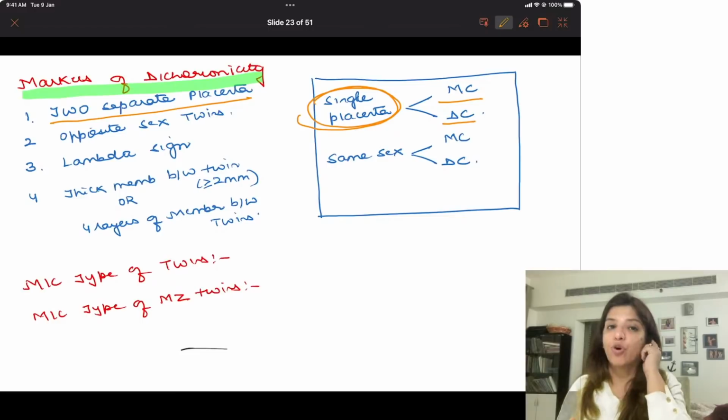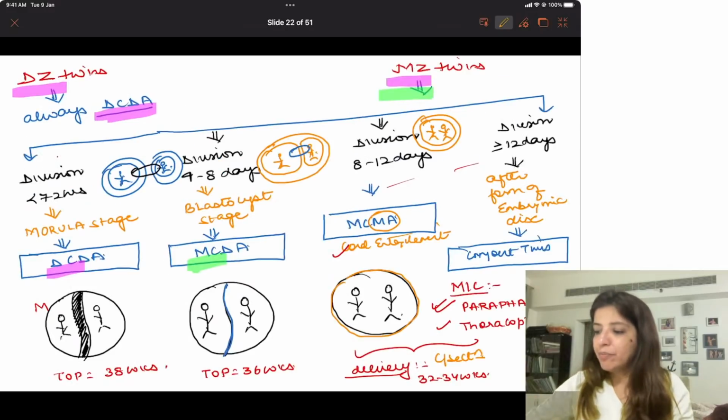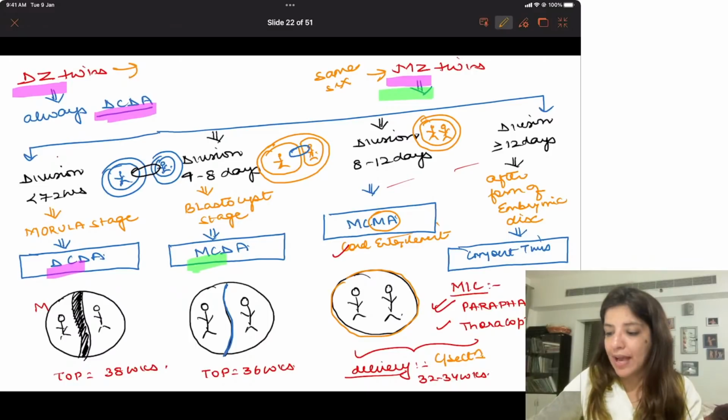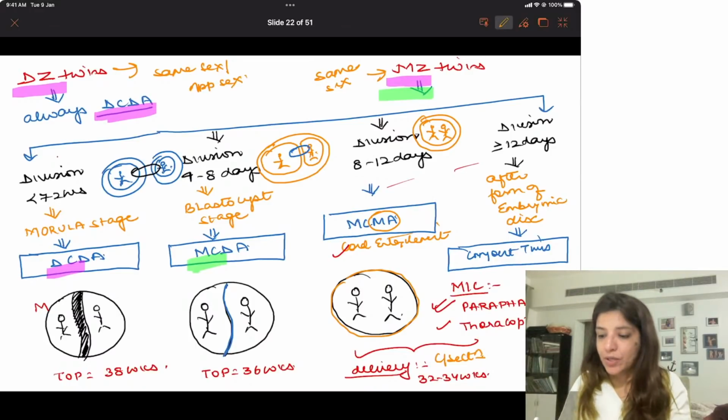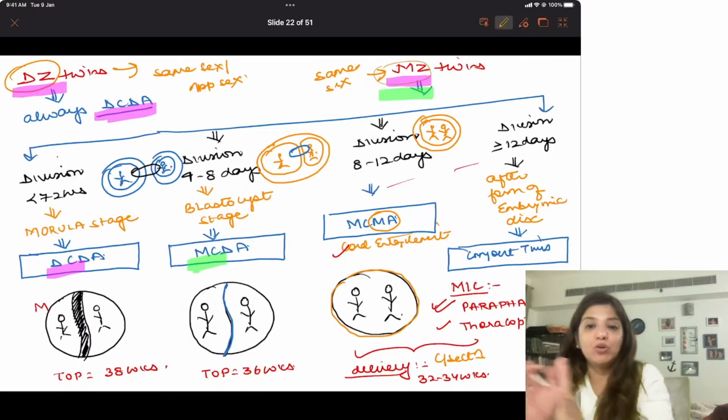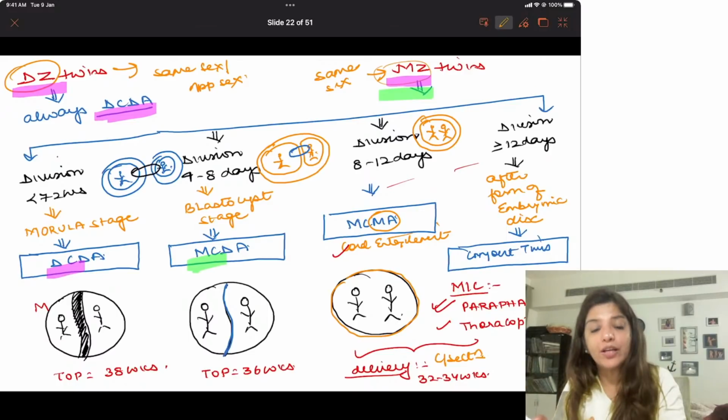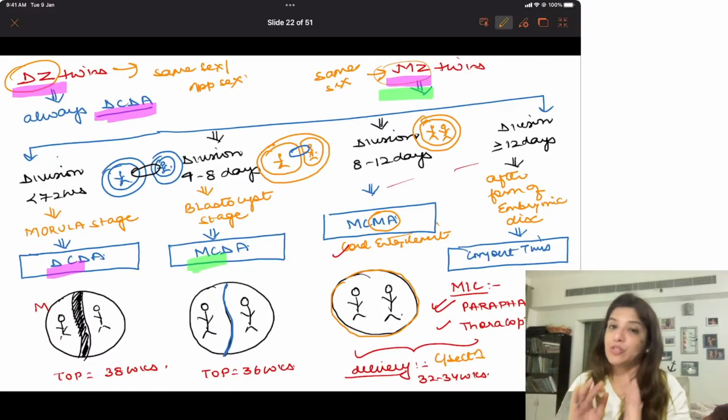Now, if you have got same-sex twins, please understand, monozygotic twins will always have same sex. Dizygotic twins can have same sex or they can have opposite sex. Because dichorionic twins can be dizygotic, and dichorionic twins can be monozygotic, dichorionic twins may have same sex or they may have opposite sex.